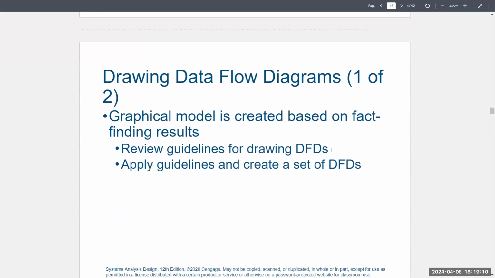So other things, right? Drawing the data flow. It's one of the good ways to represent all of that information the team has collected from their fact-finding mission, right?